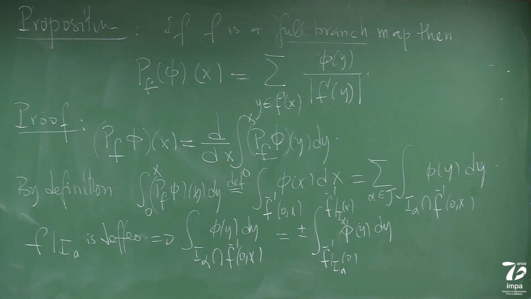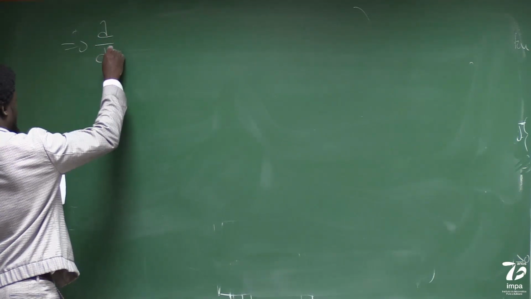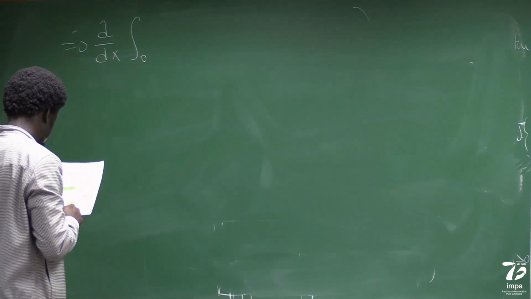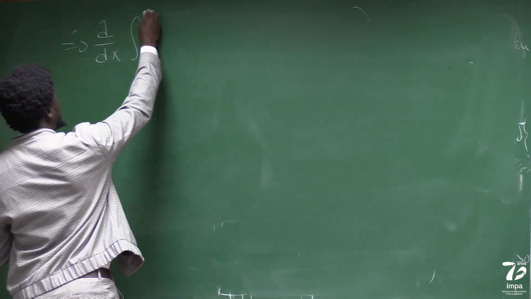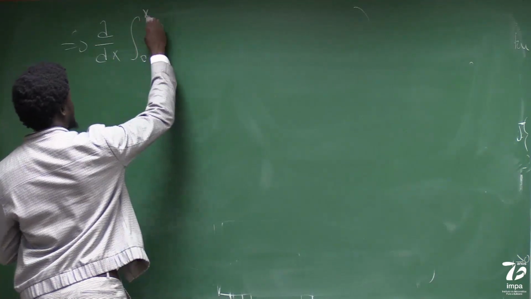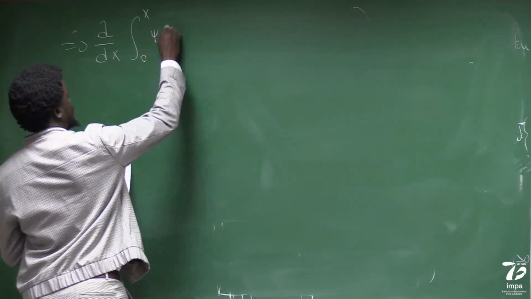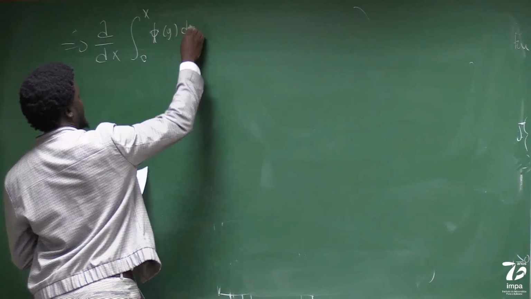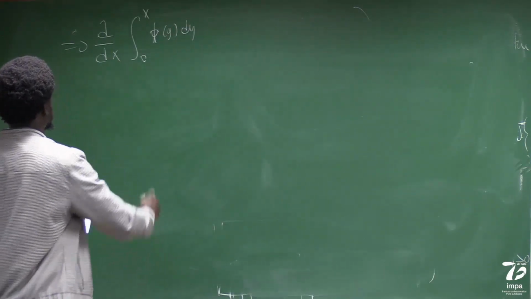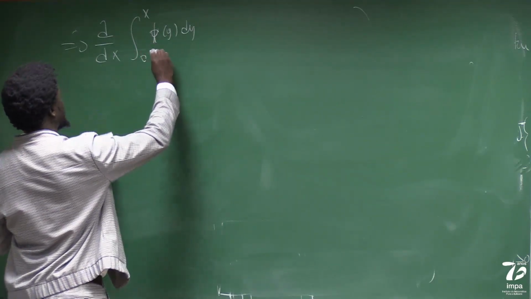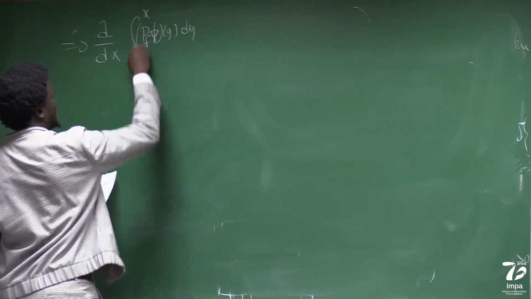And from there you can see that this implies that d over dx of the integral to x of B_F phi y dy, sorry, it should be B_F like this.